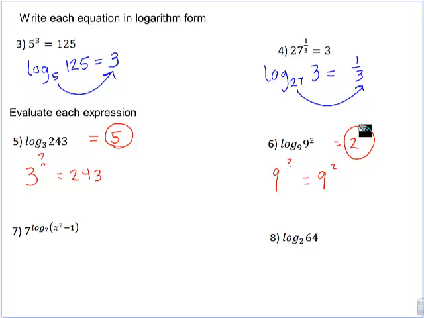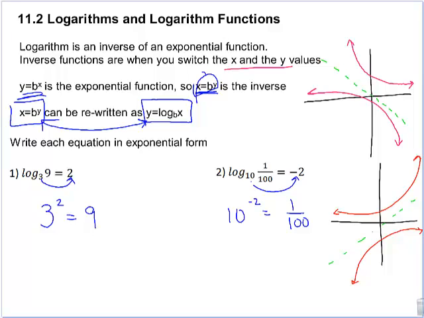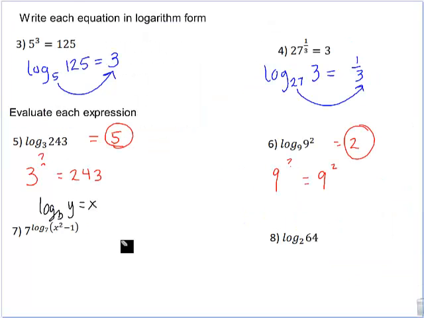Seven looks really complicated, but it's actually not. So this is what we had up there for our functions and how they go back and forth.